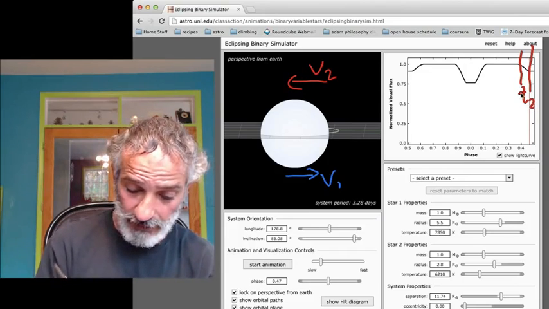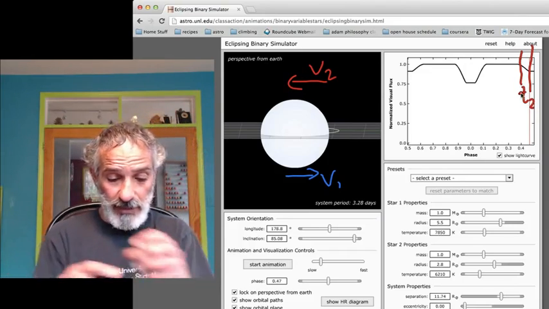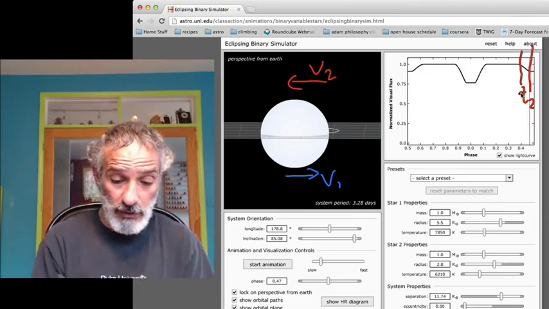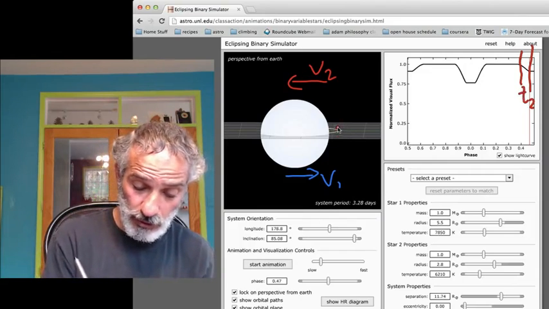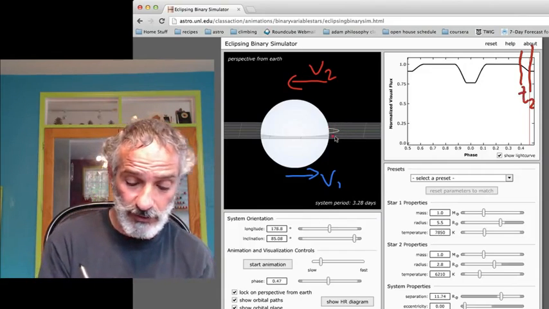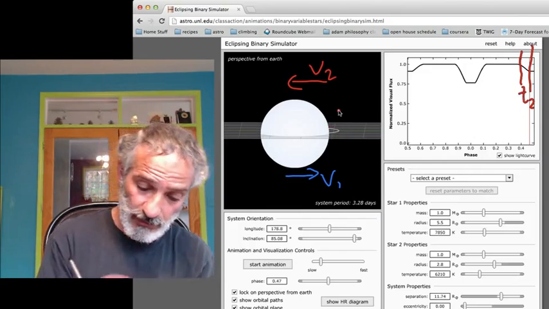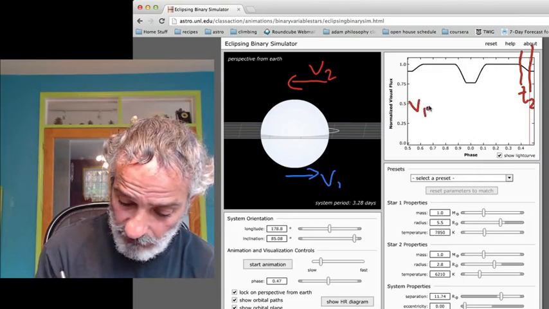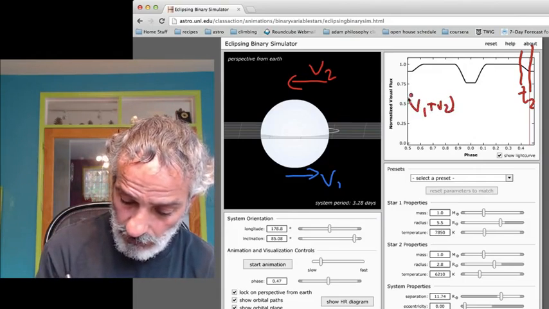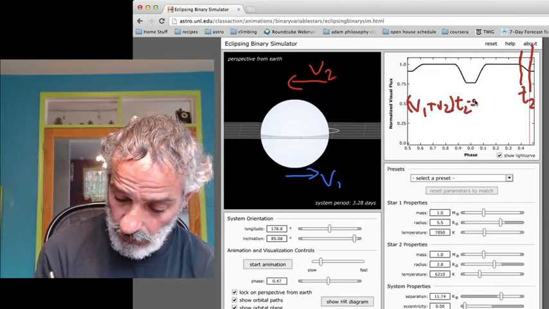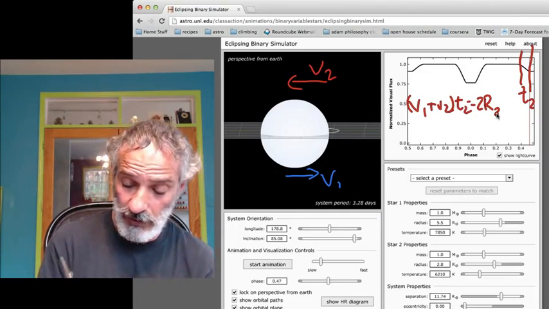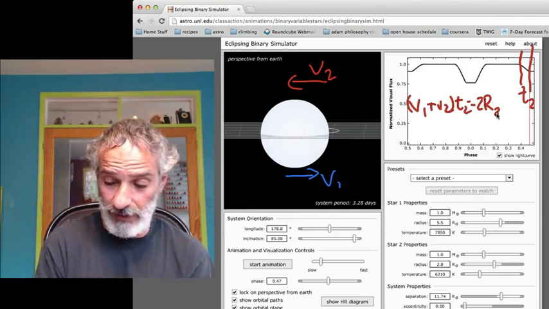The combined motion of the two stars carried them through the diameter of star 2, from the point when star 2 was just touching the outside of star 1 with its left edge until it just disappeared behind it. So v1 plus v2 times t2 is twice r2. If we measured the speeds using Doppler shift, we now have an independent measurement of the radius of star number 2.